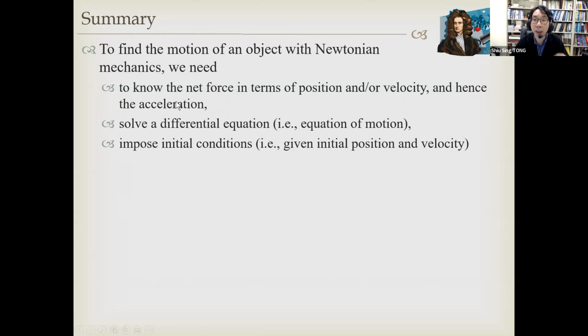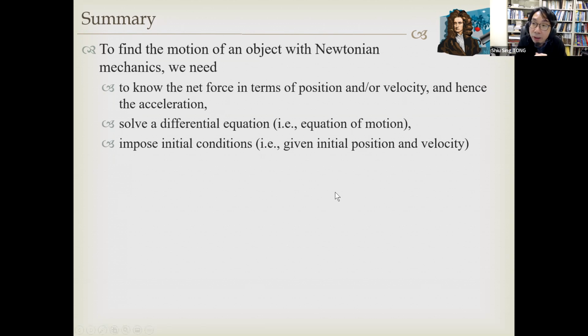And so we have a differential equation set up, and that is called the equation of motion. And by solving this equation of motion and imposing some initial conditions, you will be able to find the position x and the velocity v as a function of time. So if you can do it, then you have already fully solved this problem.